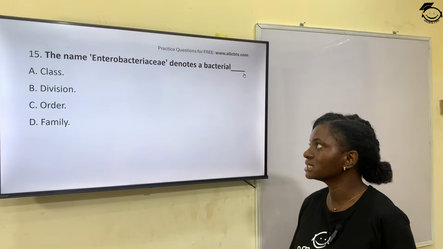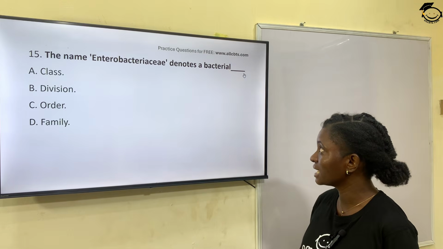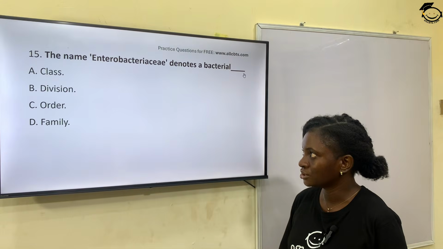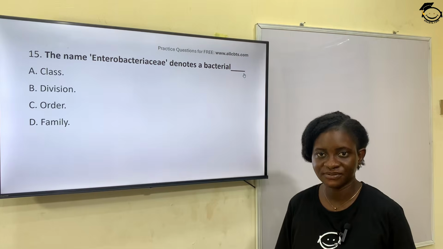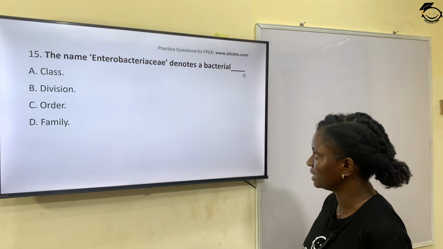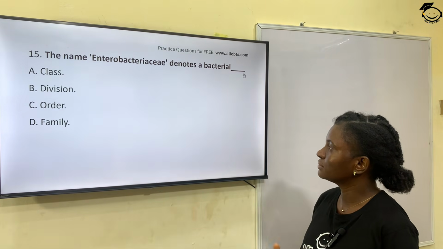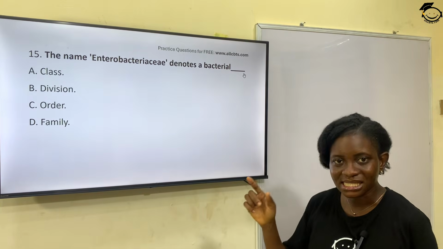Question 15. The name Enterobacteriaceae denotes a bacterial dash. So A. Class, B. Division, C. Order, D. Family. So which of these classifications usually carries the name aceae?